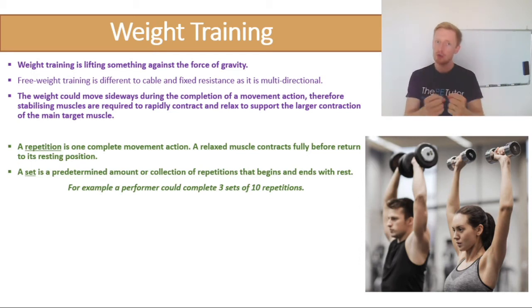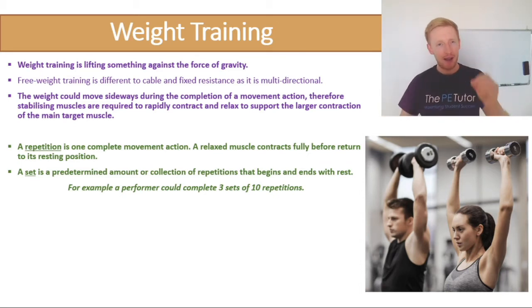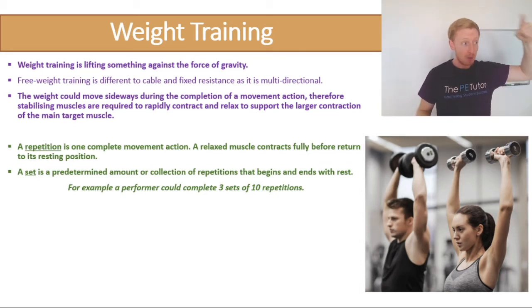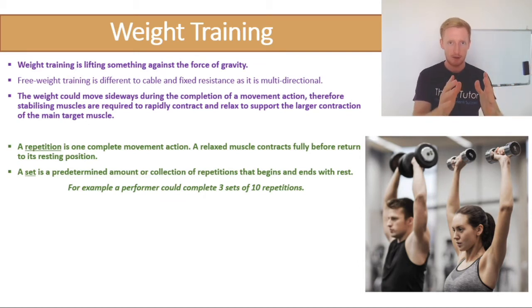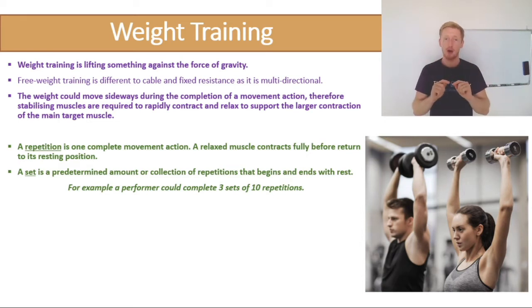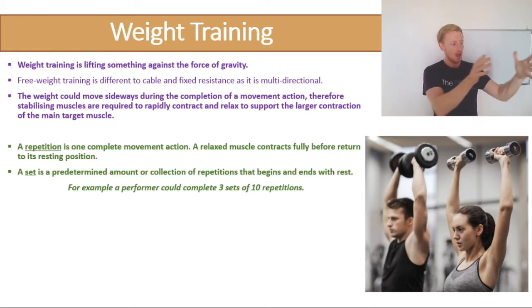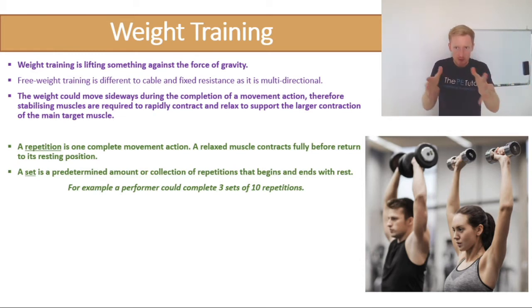Now we can choose how many repetitions we string together in a row. That number, or however many we do choose to string together in a sequence, that's a set. So we've got a number of repetitions making up a set. Now we can decide, or we probably will decide if we're weight training effectively, to do multiple sets.